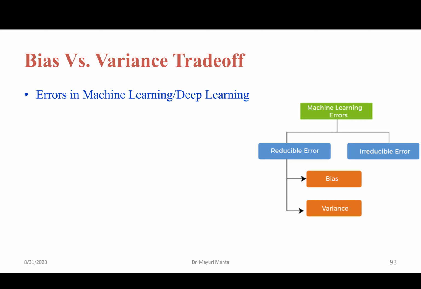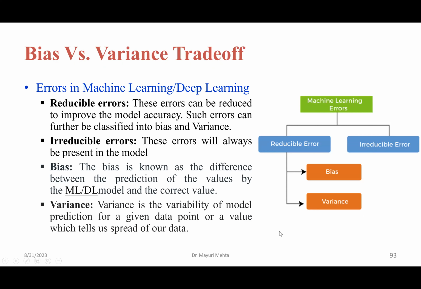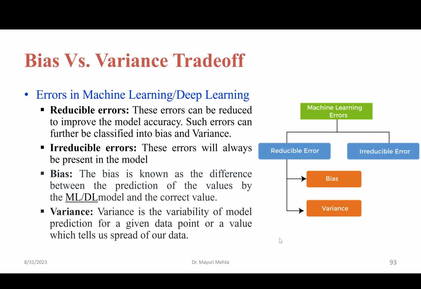Now, in reducible errors, bias and variance are the two types of errors. So let us first see what is bias. A machine learning model analyzes the data, finds patterns in it, and makes predictions.